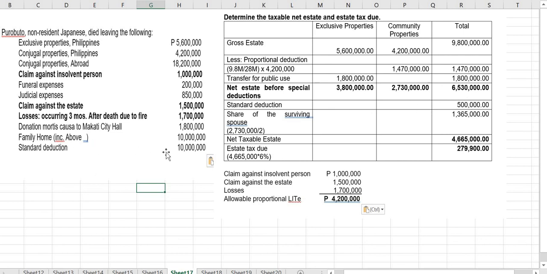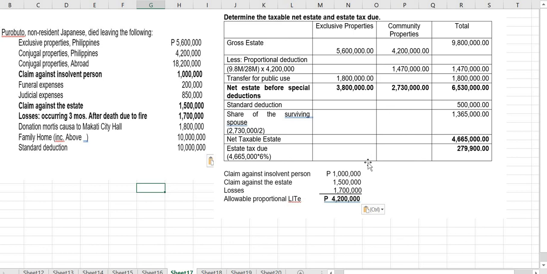Then it is allowed the share of the surviving spouse, which is half of the net community property. So 2,730 divided by 2, that's 1,365. So the net taxable estate is 4,665,000. Okay? Times 6%, then your estate tax due is 279,900.